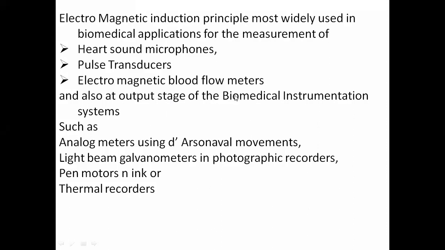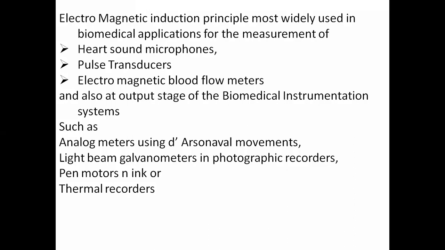In the output stage we have the recording stage. In that we have different types of recorders, and those recorders will rotate based upon the applied electrical voltage. So here we have analog meters using the D'Arsonval movement. By the application of this applied current, it will rotate. Previously we explained that by rotating we can get the output voltage.